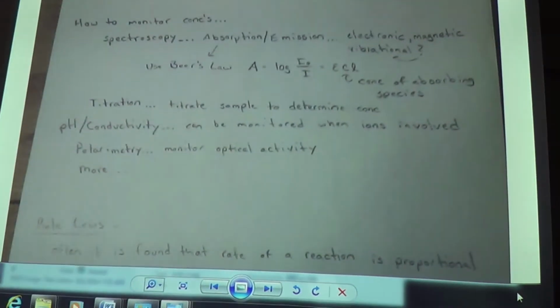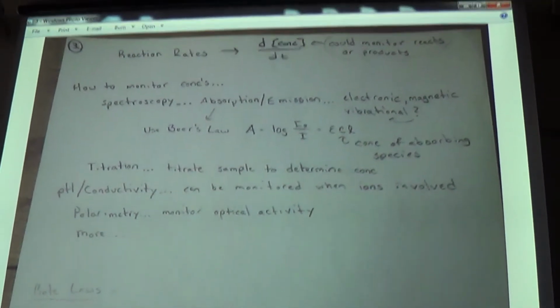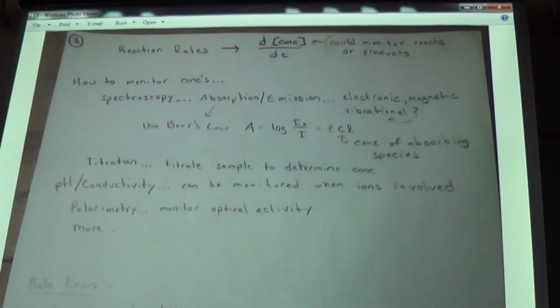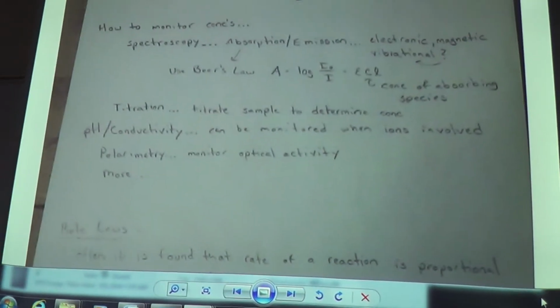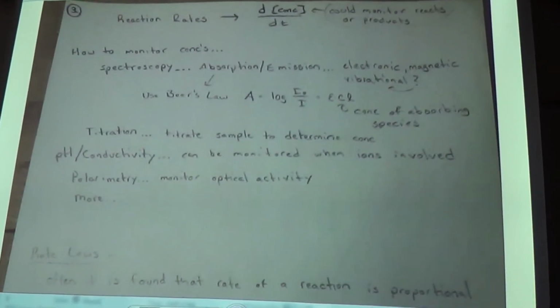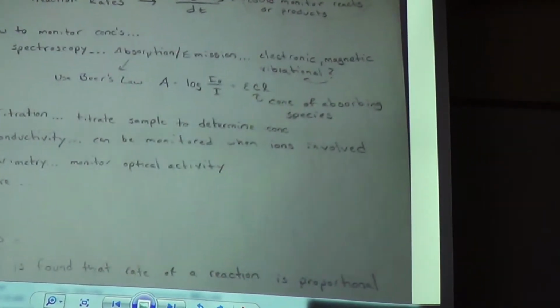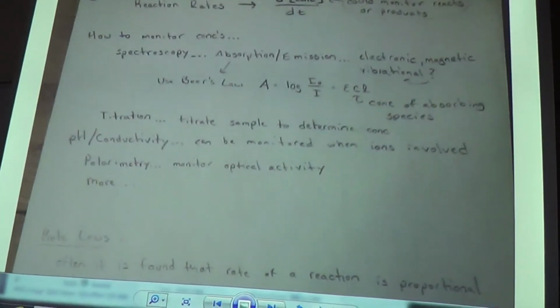So Beer's law you use for spectroscopy. For reactions that create ions, you can look at conductivity. For a reaction that changes the optical properties of the solution, you can look at polarimetry. There's a million different ways to monitor species. Did I already say titration?